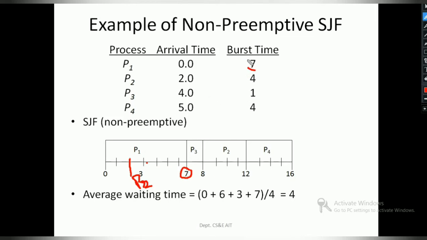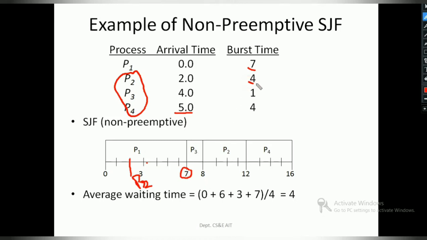Meanwhile, by the time process P1 completes its execution, by the 5th interval of time, I have all 3 processes that have arrived on the system. So now I sort these 3 processes from small to big. The process with the smallest burst time will be the first process assigned the CPU.